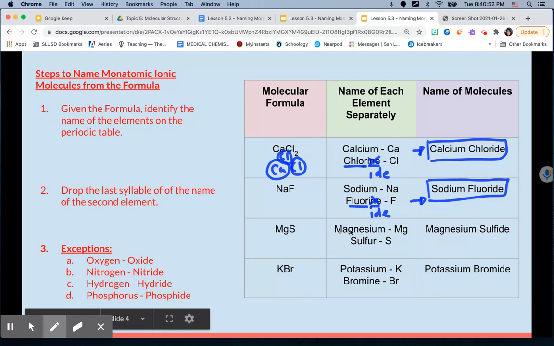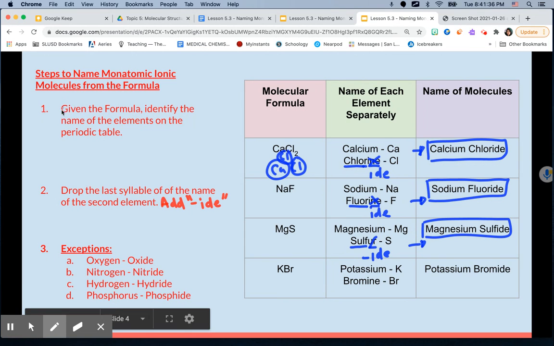So one more time, MgS. If I look up the name of Mg, it's magnesium. S is sulfur, so sound it out, sulf-ur. Drop the last syllable, change it to "ide." And that's how you get magnesium sulfide.